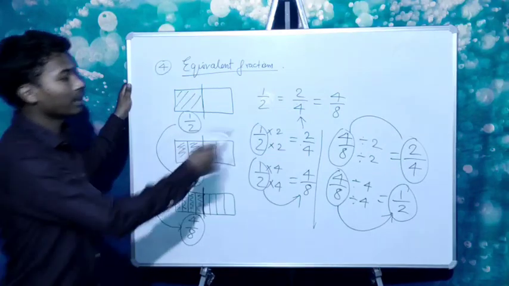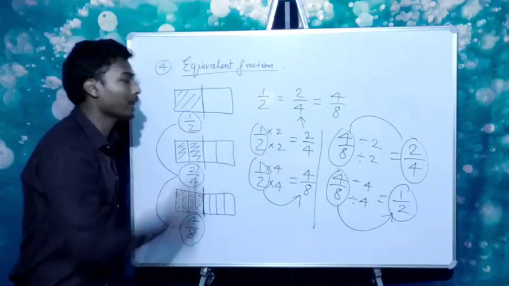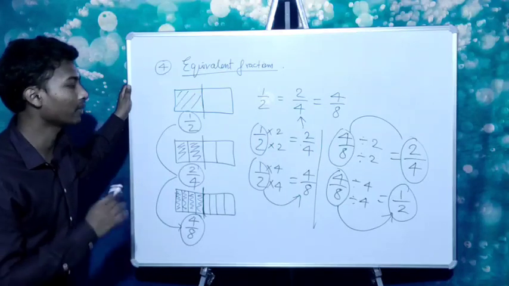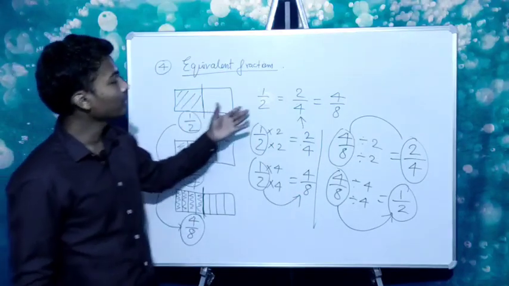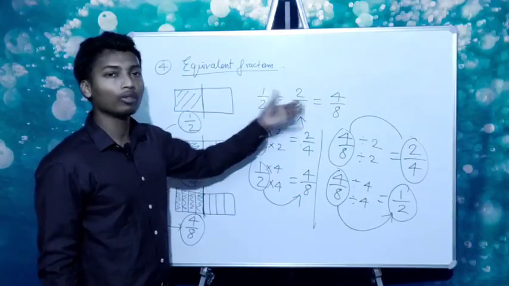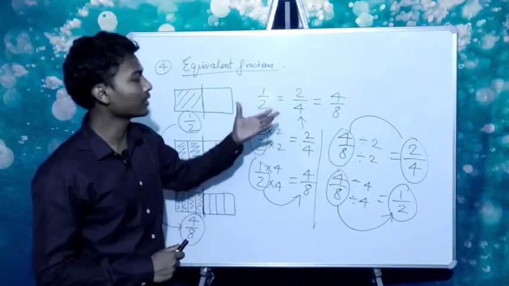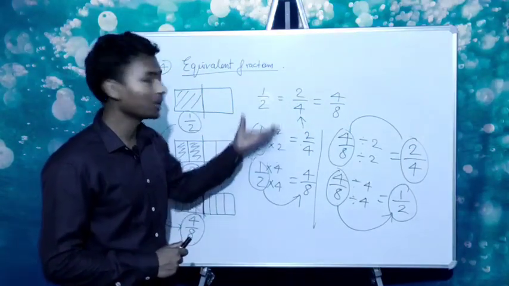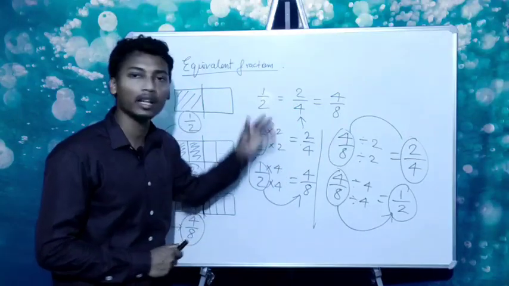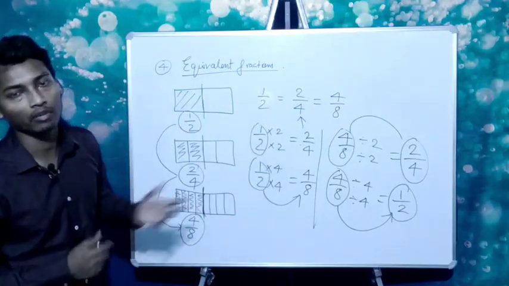So you can convert any fraction into its equivalent fraction either by multiplying or dividing. Here we see that the value of the fraction is not changed. It is still the same. The only thing we are doing is multiplying or dividing the numerator and the denominator by the same number.